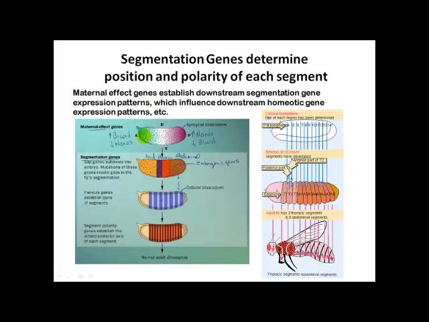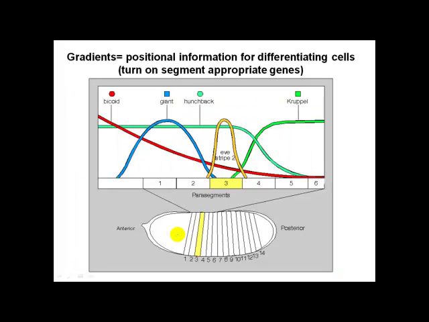So initially we establish this body plan, AP, dorsal ventral. We start to specify general regions and then finer regions within those general regions based on the gene expression programs that are being established.